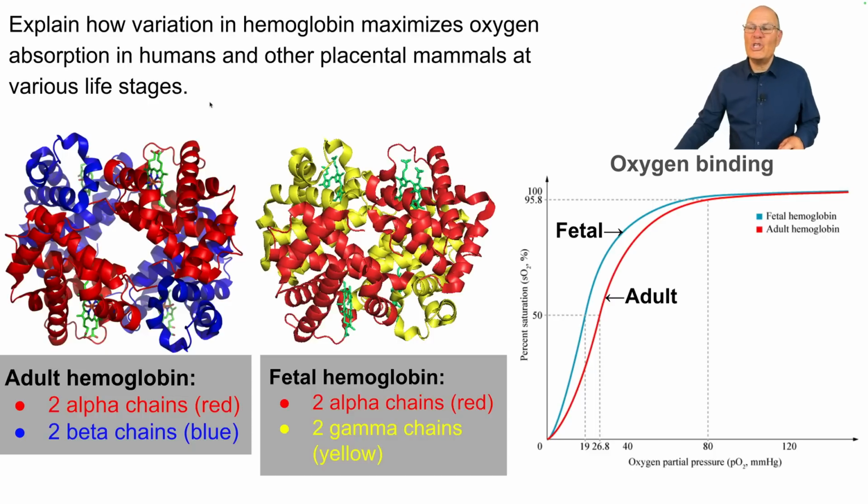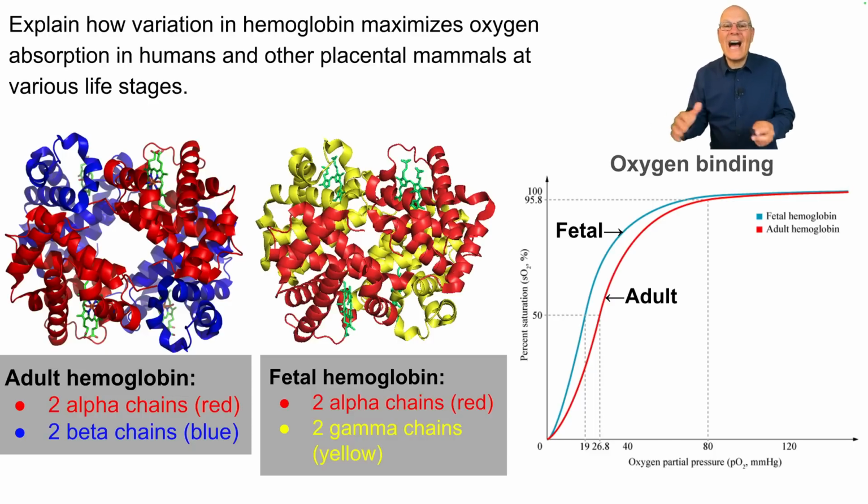Explain how variation in hemoglobin maximizes oxygen absorption in humans and other placental mammals at various life stages. Let's remember that hemoglobin is the protein that transports oxygen in red blood cells in almost all vertebrates. Before birth, humans and other mammals produce fetal hemoglobin.